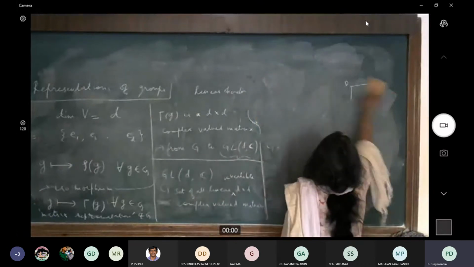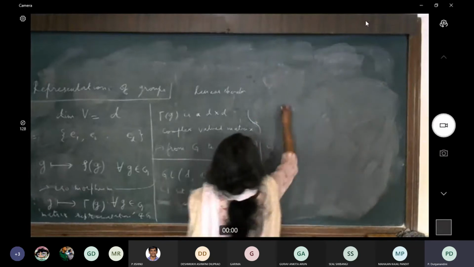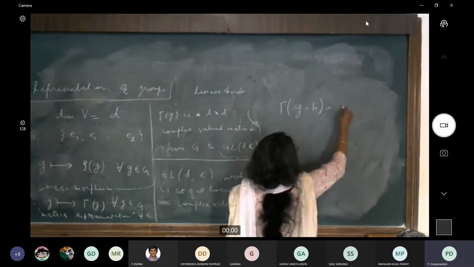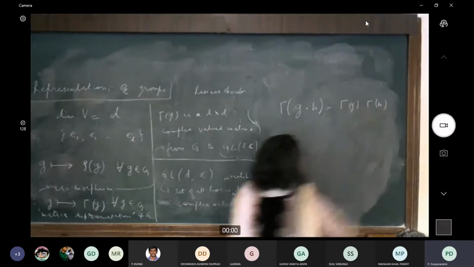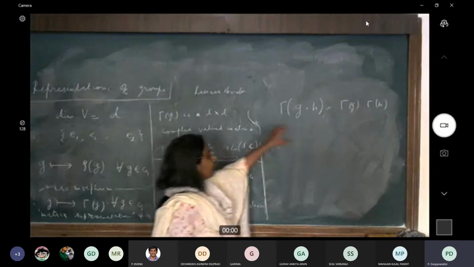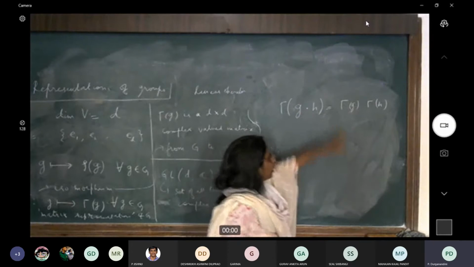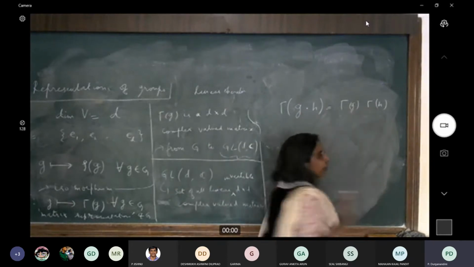Your gamma is an isomorphism, so it's a one-to-one transformation, and gamma of the product is the product of the gammas. The group operation, combining H with G, for the matrices is simply matrix multiplication.